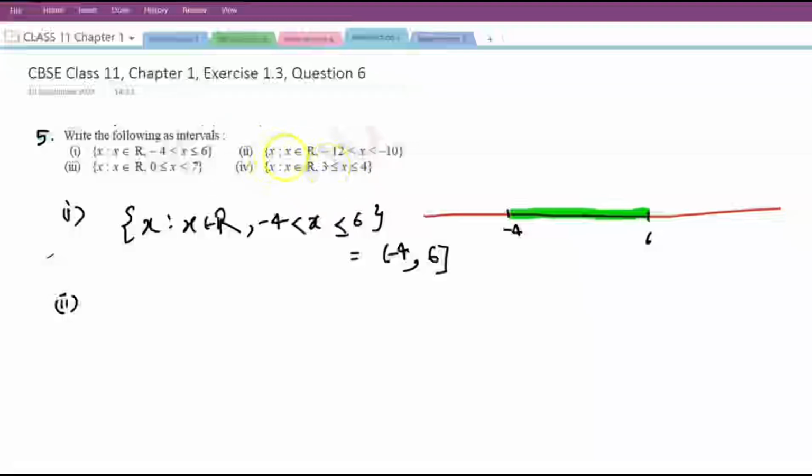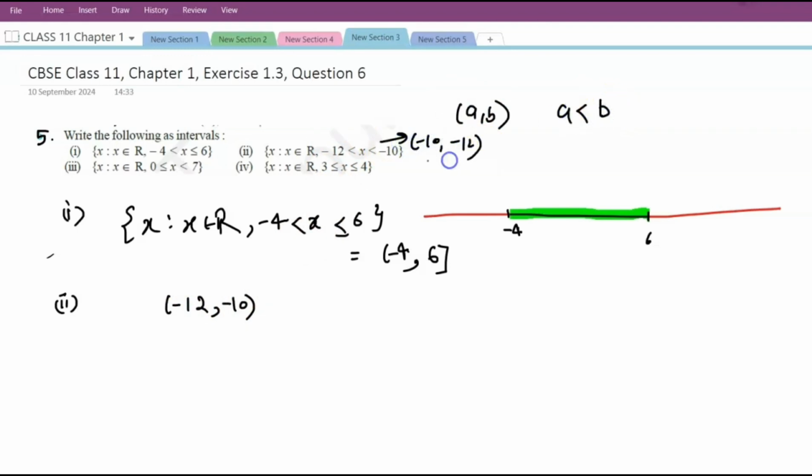x such that x is a real number between -12 and -10, and this is open from both ends. So this would simply be (-12, -10). The condition is that when you write it in the interval form (a, b), your a should be less than b. So you cannot write (-10, -12) because -10 is greater, right?